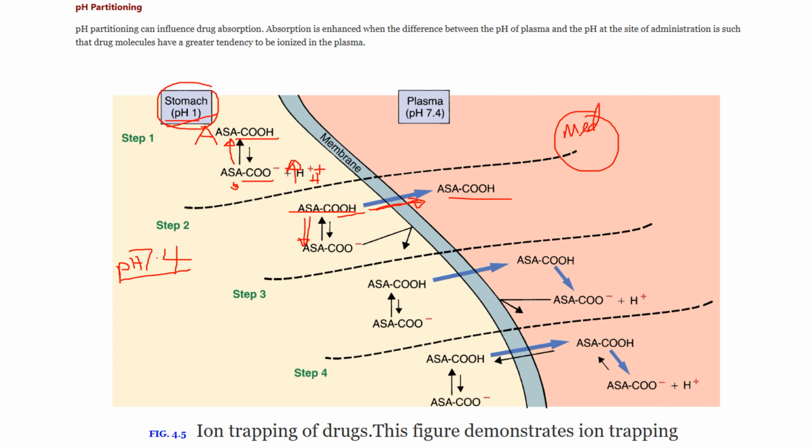Because now the environment is very, very basic. And so in such a scenario, you're going to have more of the B minus form. Well, what happens to the B minus form is, notice what happens here. It tries to cross the membrane, but because it has a negative charge, guess what happens? The membrane repels it. So eventually your B gets to go down the gut, the stomach, all the way ultimately to become physical waste.